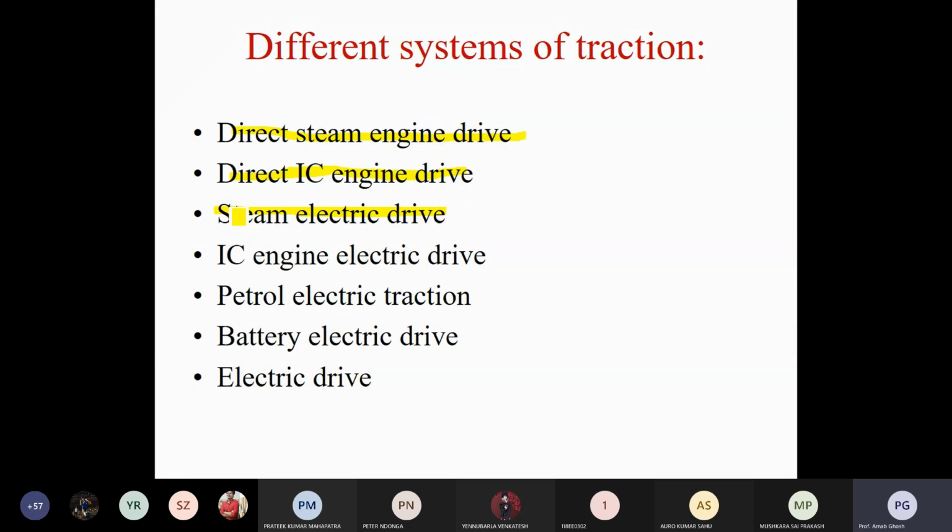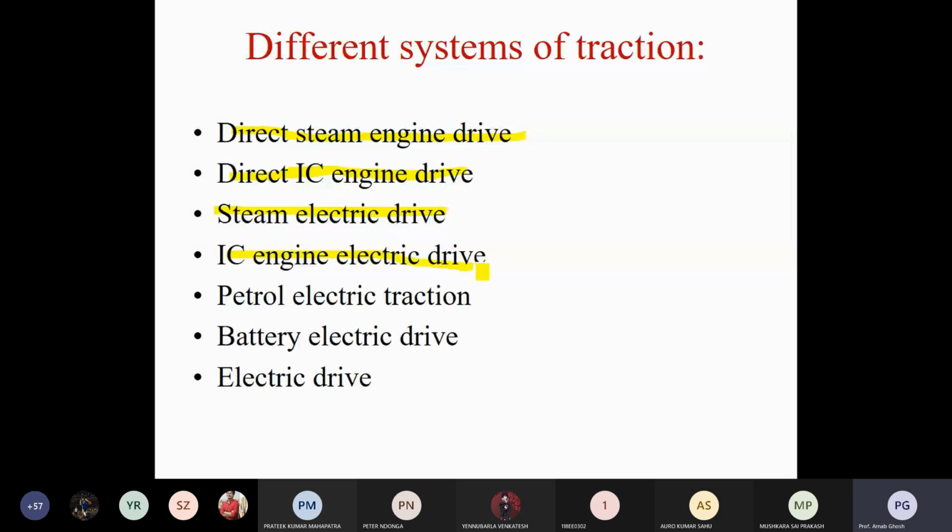In the direct IC engine, it is a stroke engine: the mechanical stroke comes directly from internal combustion, and that stroke is used to drive the shaft of the wheel.